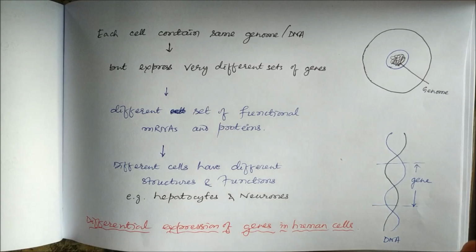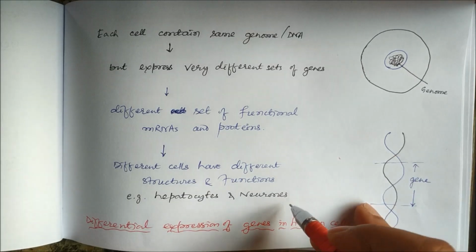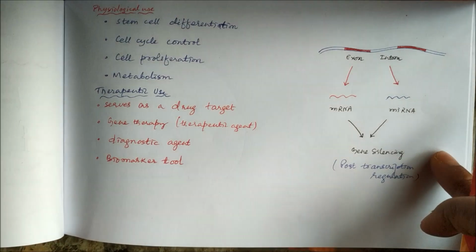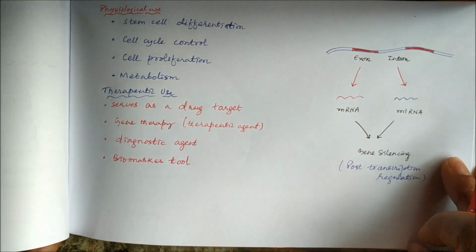Similarly, in neurons, certain genes are on which will help in synthesis of proteins required for the synthesis of neurotransmitters, and the genes which are required by hepatocytes will be off in neuronal cells. So this is the physiological use of microRNA.